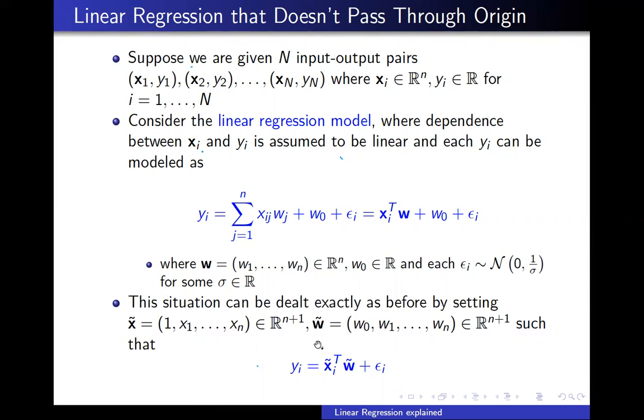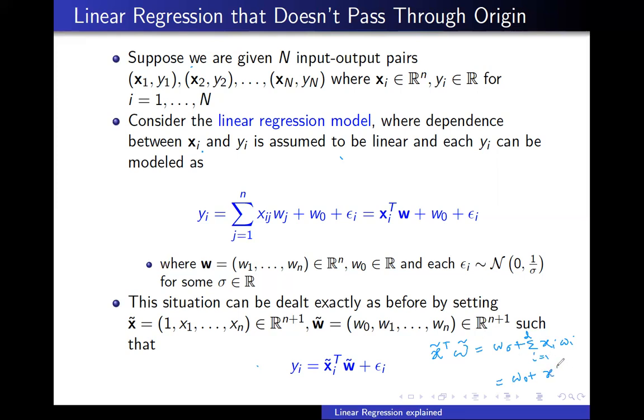So if you compute the inner product of X tilde with W tilde, the first term, 1 multiplied by W naught, will give you W naught, and the second term will be nothing but the sum of Xi Wi, where i goes from 1 to D. So this is nothing but W naught plus the exact same model that we had before.